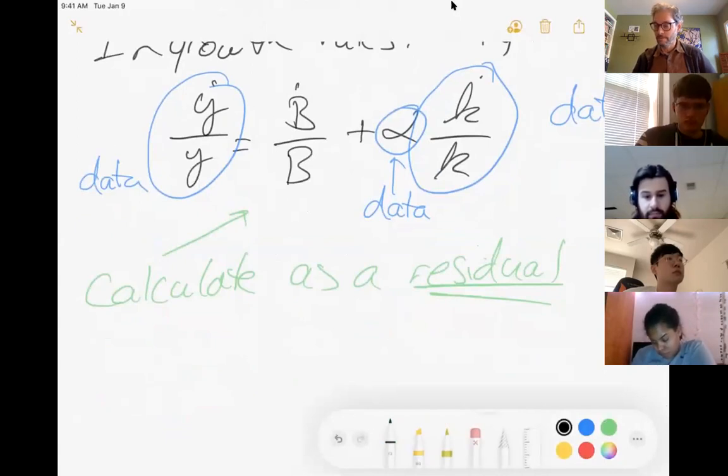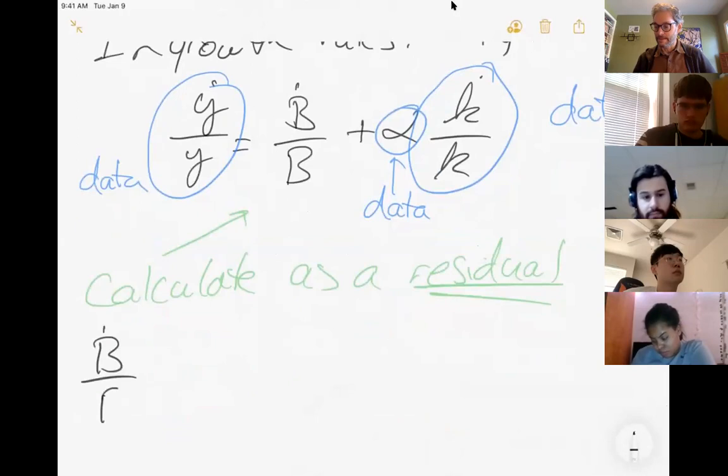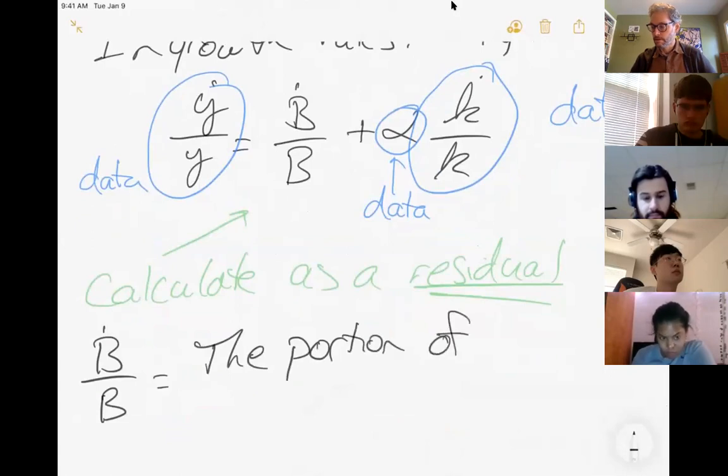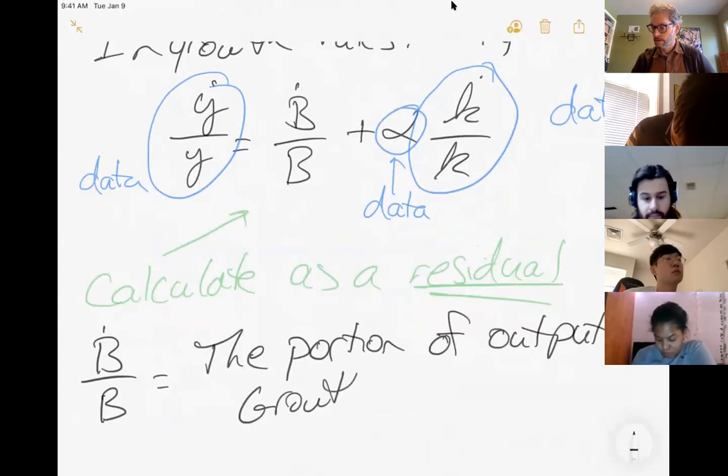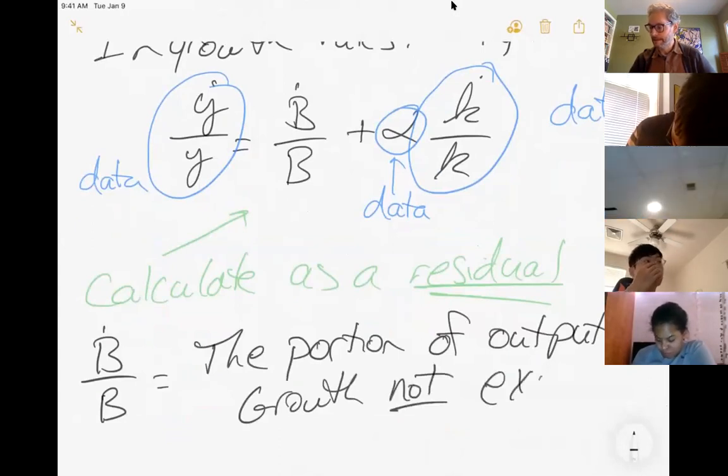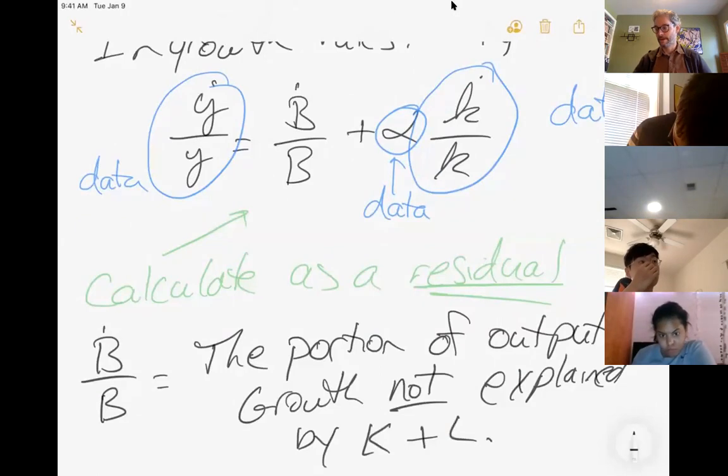What B dot B is, it's really the portion of output growth not explained by capital and labor, right?